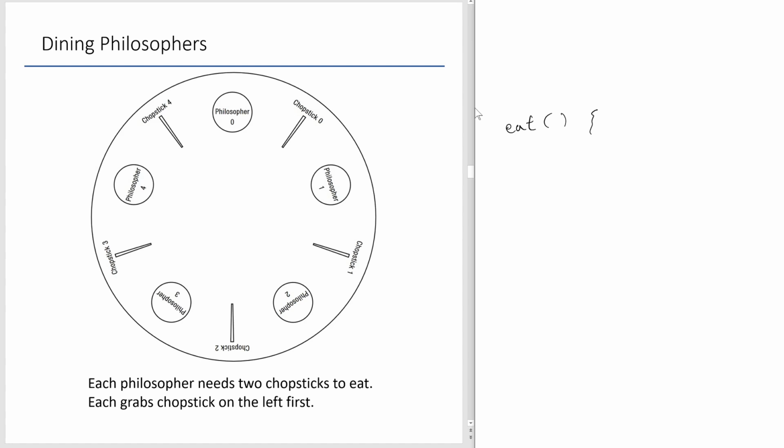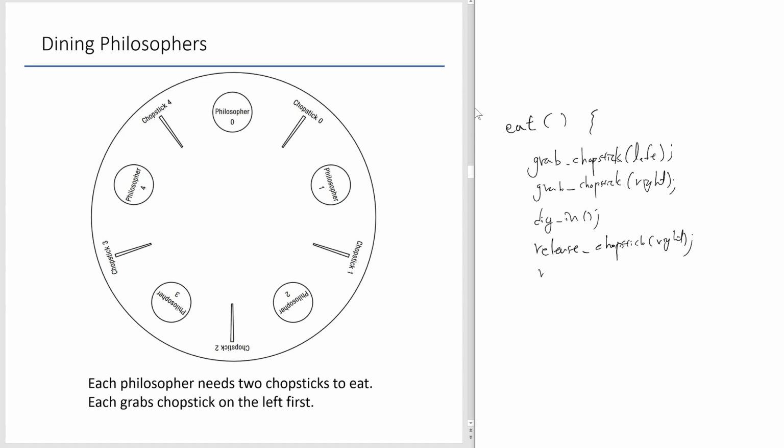Eat: grab chopstick left, grab chopstick right, then eat, and release chopstick right, release chopstick left. Okay, so this is a sort of pseudocode. It's not exactly C code, but you get the idea. And let each philosopher execute basically the same code.